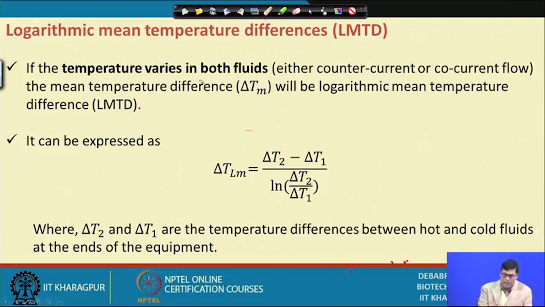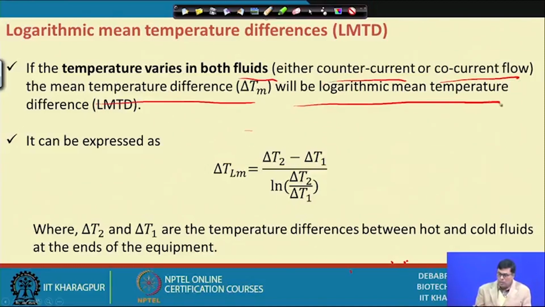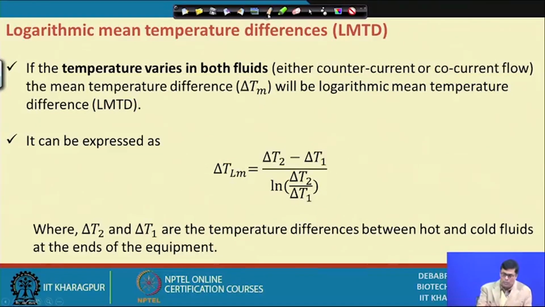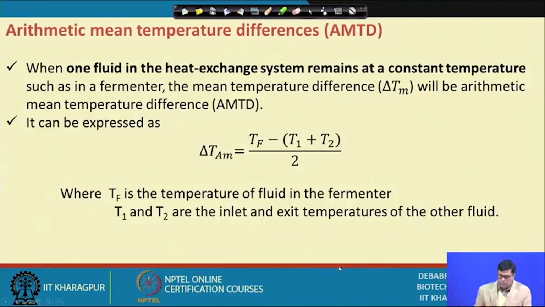If the temperature of both fluids varies, in counter current or co-current flow, the mean temperature difference will be the logarithmic mean of the differences: del Tm equals (del T2 minus del T1) divided by ln(del T2 by del T1). This logarithmic average is considered in calculations. The arithmetic mean of the temperature difference can also be calculated.